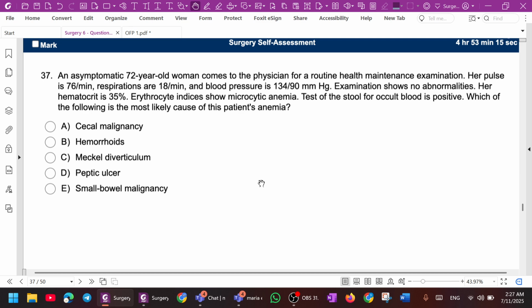Examination shows no abnormality. Her hematocrit is 35%. Erythrocyte indices show microcytic anemia. Test of the stool for occult blood is positive. Which of the following is the most likely cause of this patient's anemia?